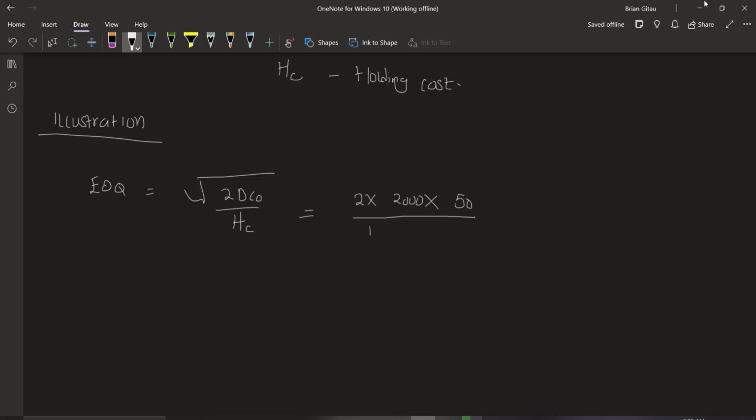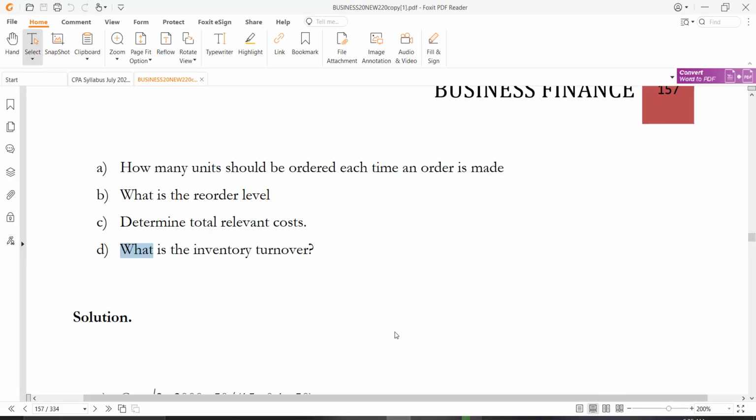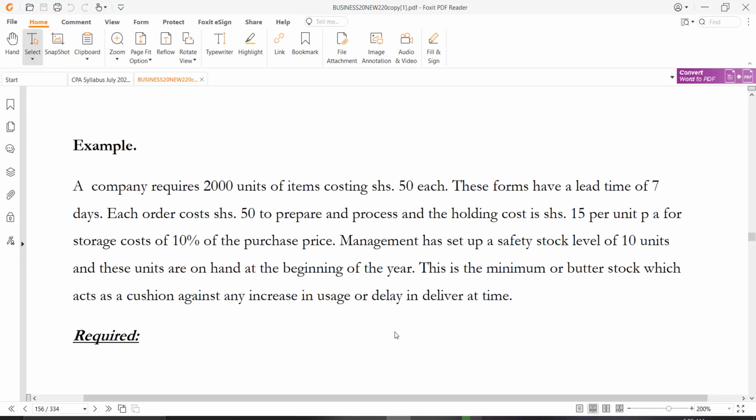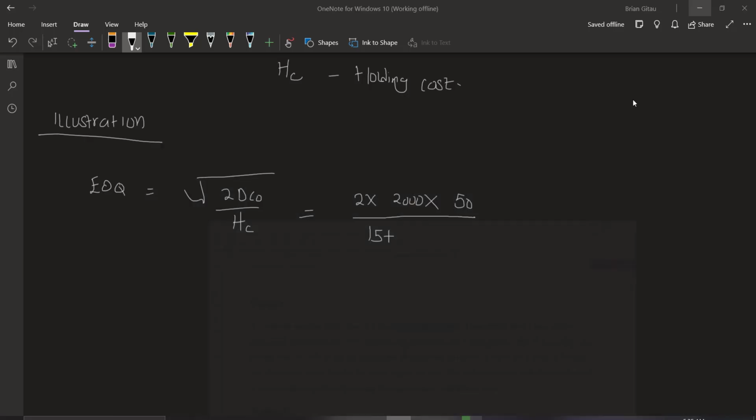We have 15 shillings, and on top of the 15 shillings, we are going to incur storage cost of 10% of the purchase price. So 10% of 50 shillings.